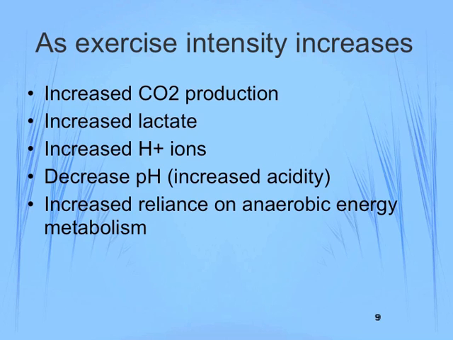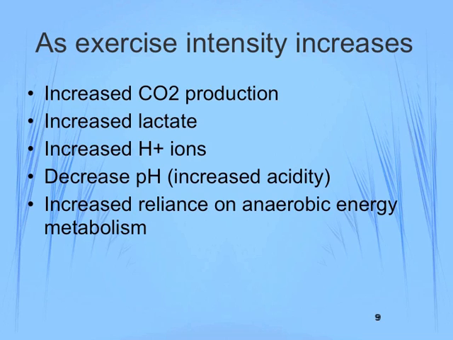So as we start to exercise more vigorously, we produce more carbon dioxide as a byproduct. We have more lactate production, and if you recall, this lactate is not necessarily a bad thing because it can be used to help produce ATP. It can be used to make glucose more available. The problem with lactate is when we start to accumulate it, when we can't buffer it or we can't use it for ATP production.